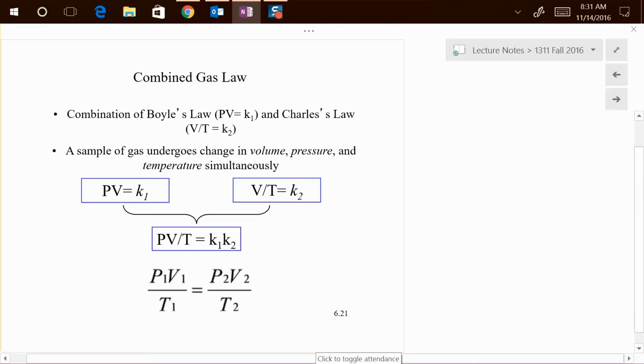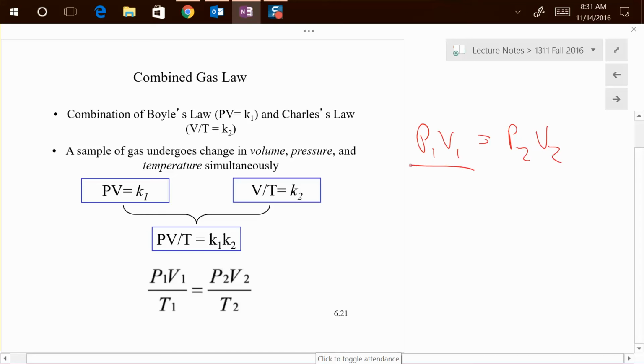All right, now there's another law that is combined from 2 of these laws, and that is from Boyle's and Charles' law. If you take Boyle's and Charles' law and you put them together, they will form what we call the combined gas law. This is the combined gas law. So here's Boyle's law: P1 V1 equals P2 V2. That's Boyle's law.